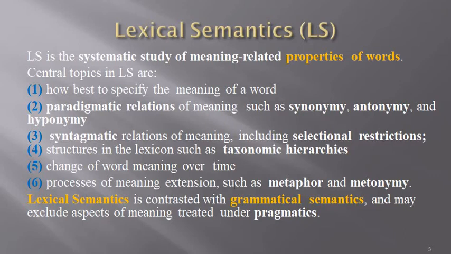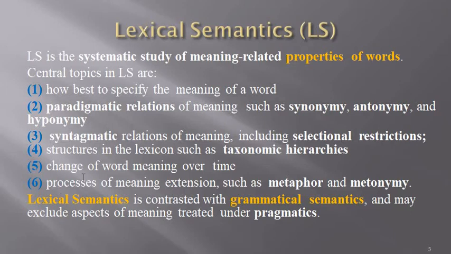But from the grammatical point of view, from the form point of view, these verbs fall into different categories. And sometimes lexical semantics may exclude aspects of meaning treated under pragmatics. So this is the proper explanation of what lexical semantics is and what we study in it.